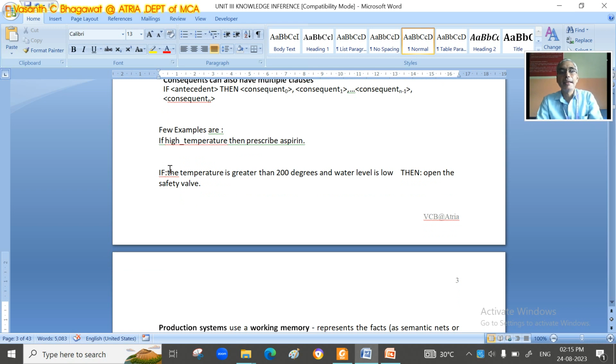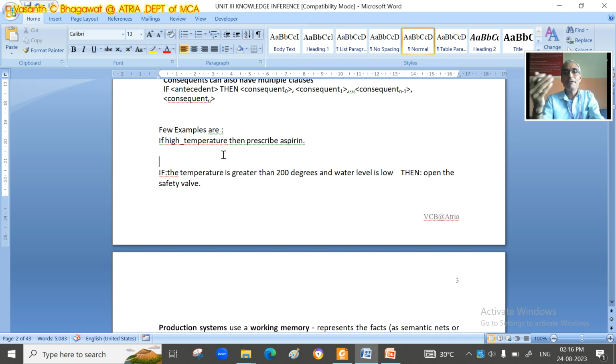Now take a simple example. Say you have one rule: if high temperature, then prescribe paracetamol or aspirin, right? How does a doctor diagnose? They look at our body temperature, how much temperature we have, and we get some values. The rule says that if your temperature is greater than 100 degrees, then prescribe paracetamol.